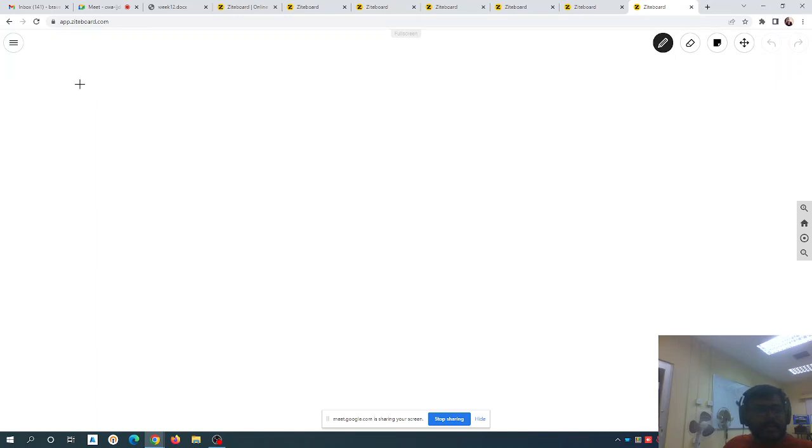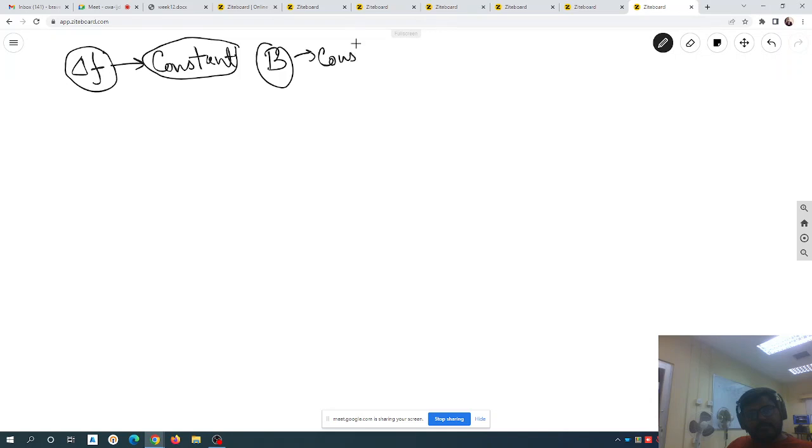And now let us move the question in some way. Suppose we want that delta f should remain constant. So if it is the scenario here, and bandwidth is also constant, and what we discussed earlier, Ts is 0.1 microsecond.